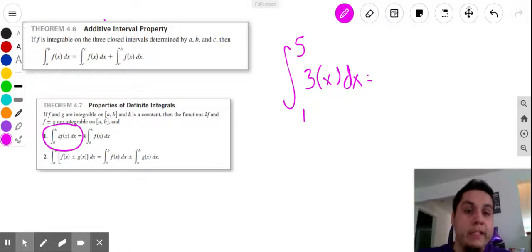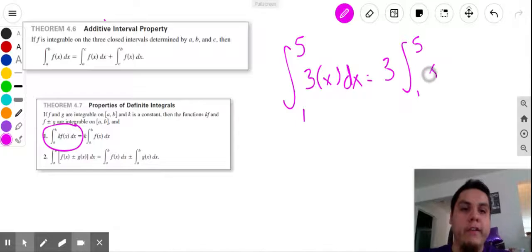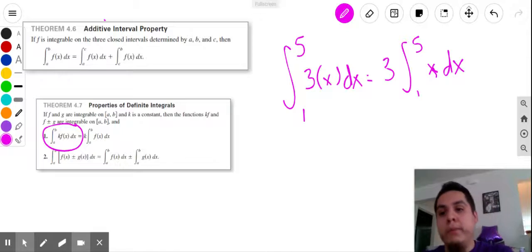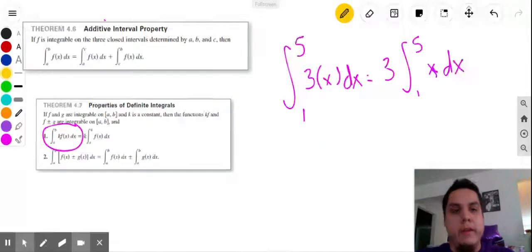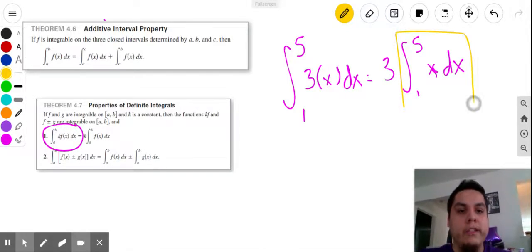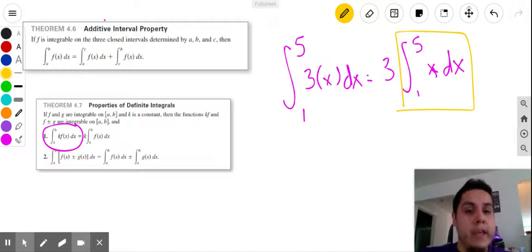Well, I can say that's going to be the same as 3 times the integral from 1 to 5 of x dx, right? And if for some reason I knew what this number was, then I could say that this would be equal to 3 times whatever the number in that box was. And that's how I could evaluate that definite integral.